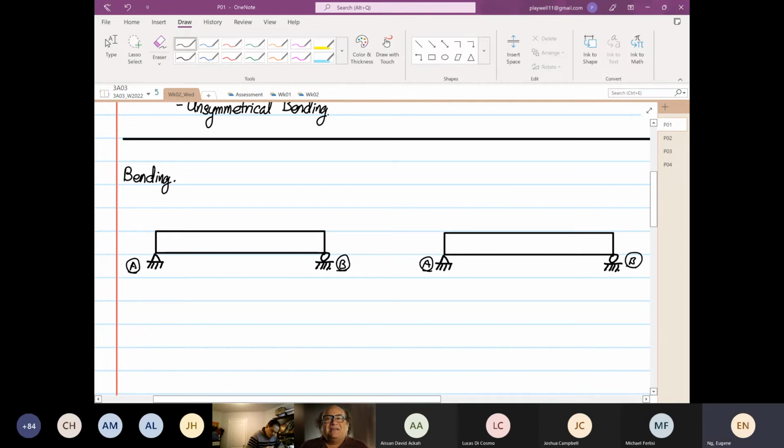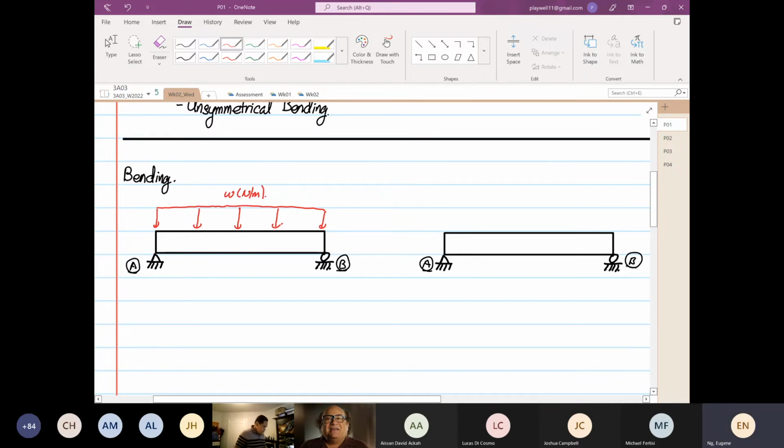One of the structures, on the left hand side, you have evenly distributed load, where you have omega Newton per meter.